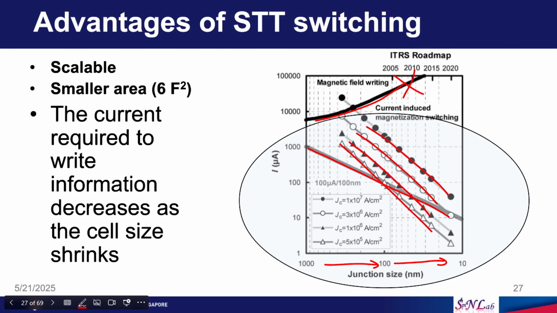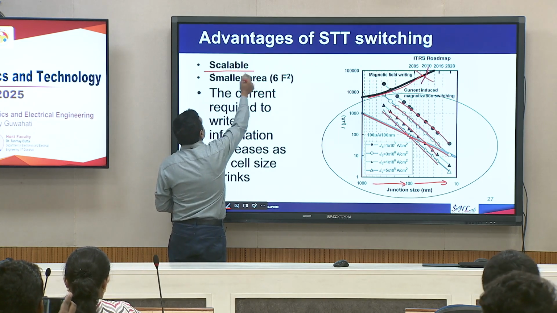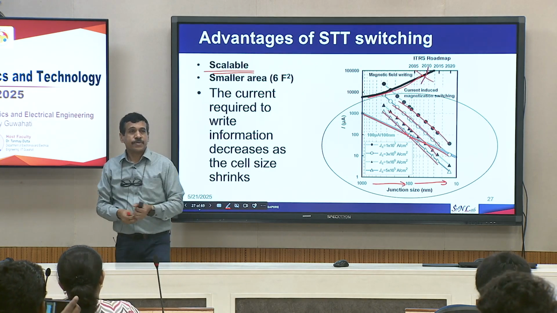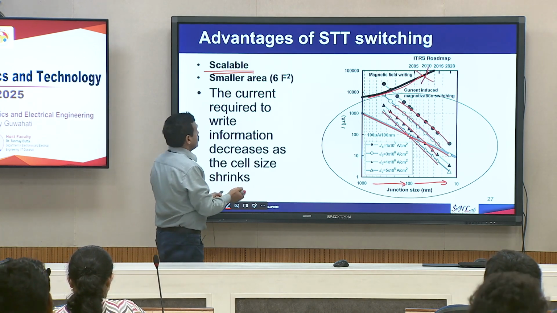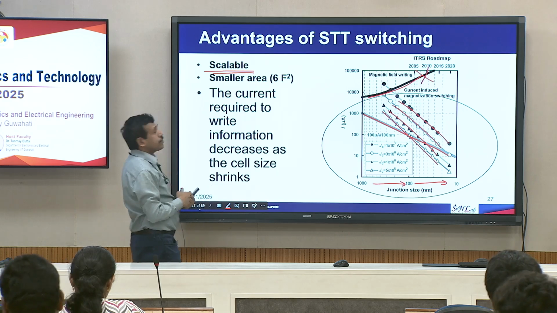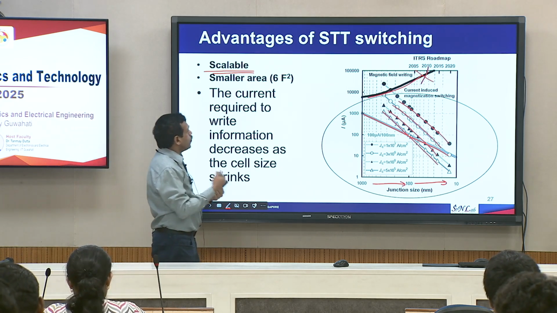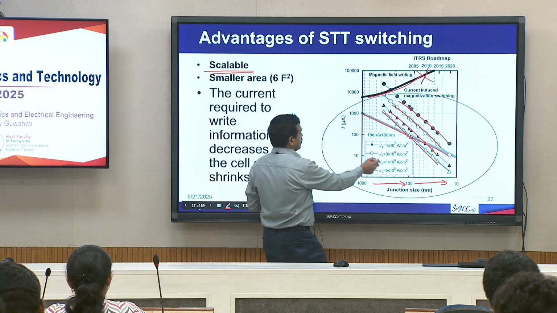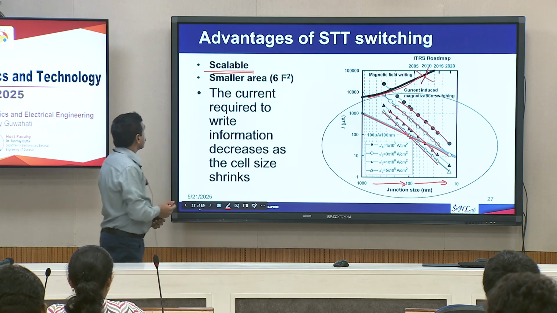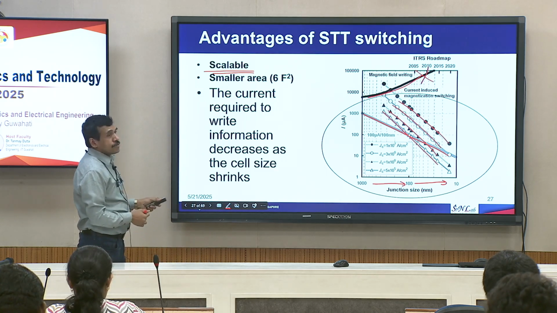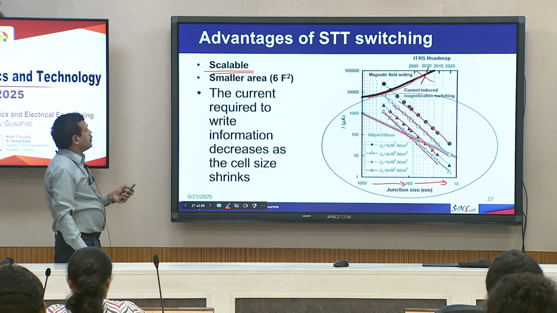This indicates that STT MRAM technology is scalable. When you make the MTJ smaller, the transistors also will be smaller, so the transistors will be generating lower current. All this is possible. These are some of the advantages of STT MRAM.